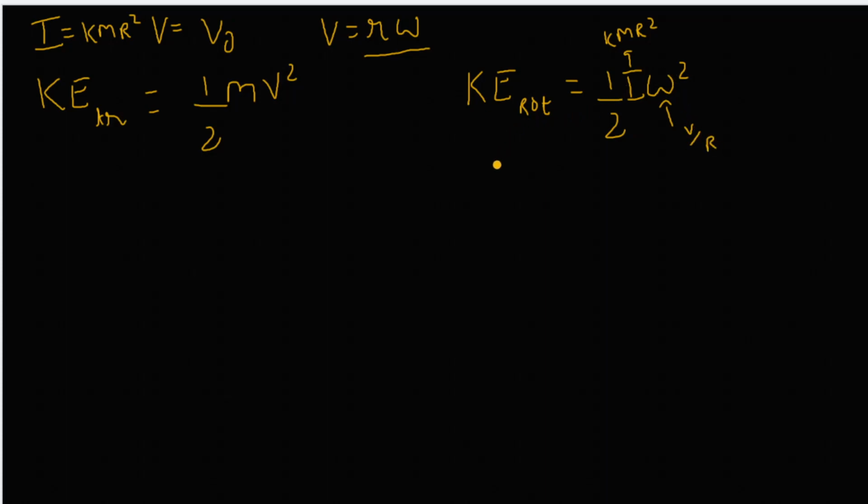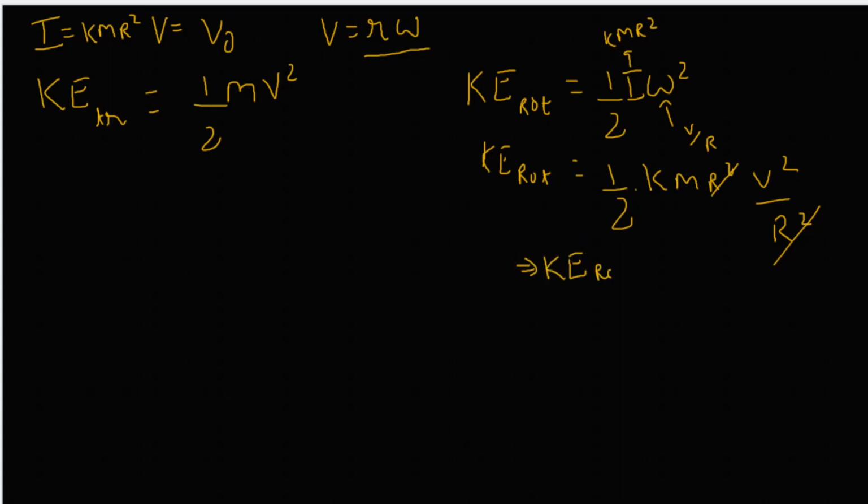Now let us put this value. So we get KE rotational is equal to 1 by 2 times I, which is kmr square, and omega square is v square by r square. Alright, so r square and r square cancel, so we get rotational kinetic energy equal to 1 by 2 kmv square. That's it.